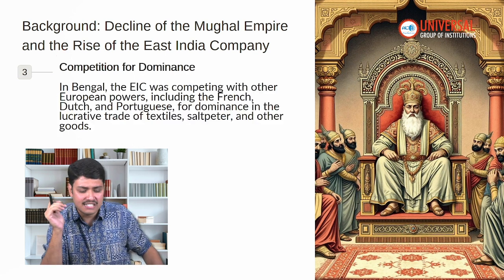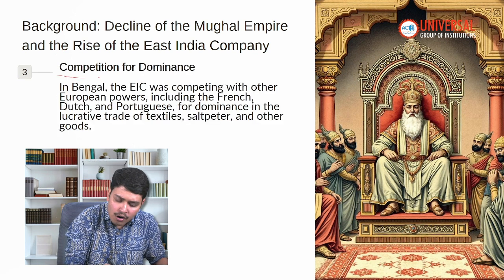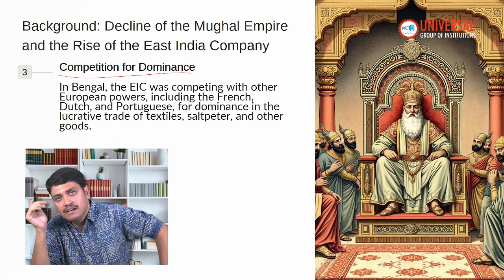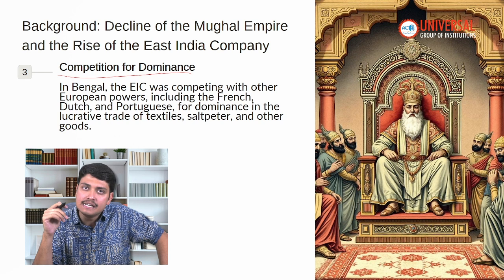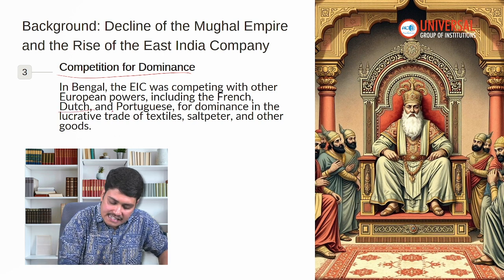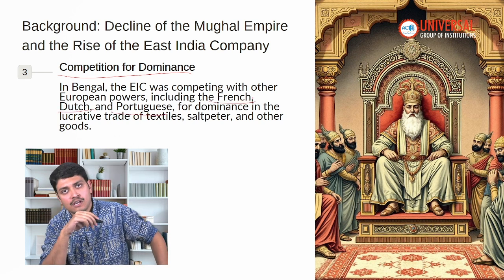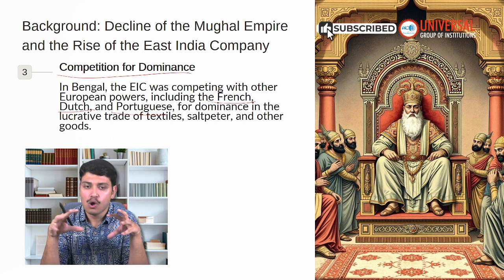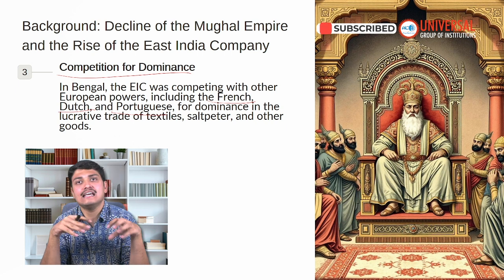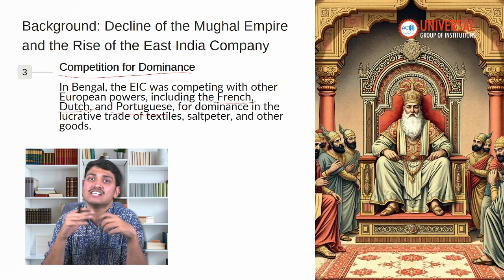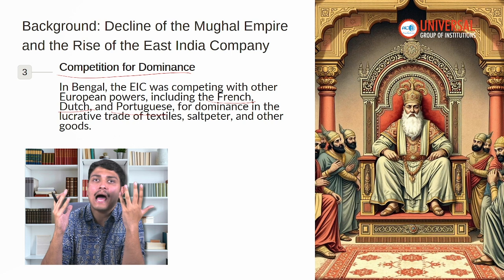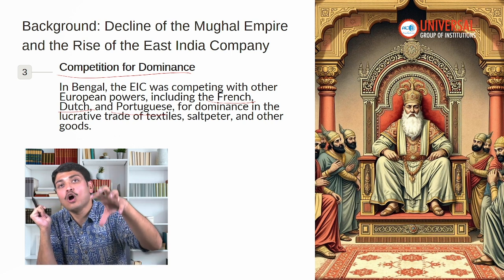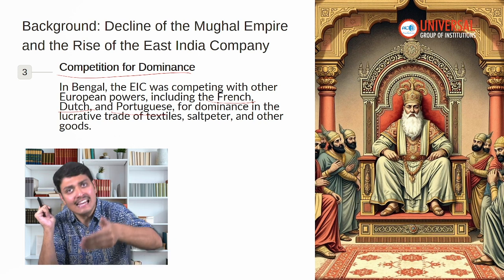The next point is the competition for dominance. Just like the English East India Company, there were other companies like the Dutch East India Company, the Portuguese East India Company, the French East India Company. These trading organizations were constantly in conflict with each other as to who is going to get absolute control over the economy of their colonized lands like Asia, like India.